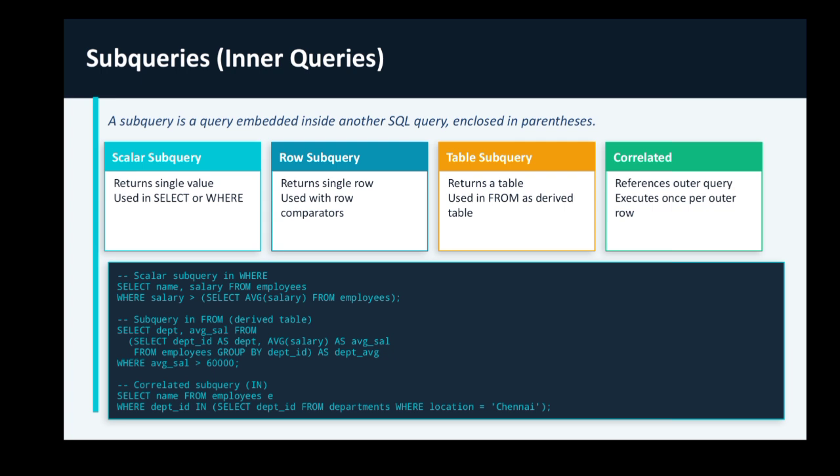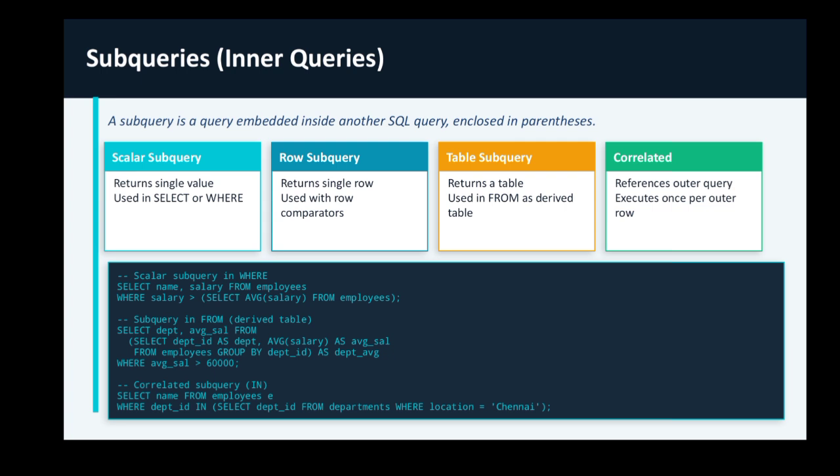A row subquery returns a single row and uses row comparators. A table subquery, also called a derived table, returns a result set and is used in the from clause. A correlated subquery references columns from the outer query and re-executes once for each outer row, making it more powerful but also more resource intensive.